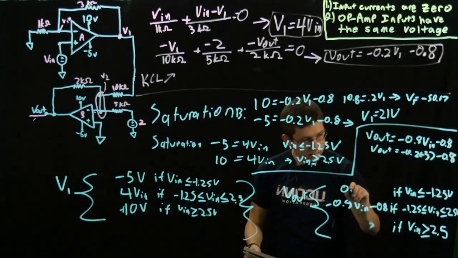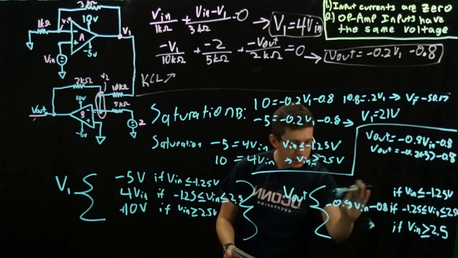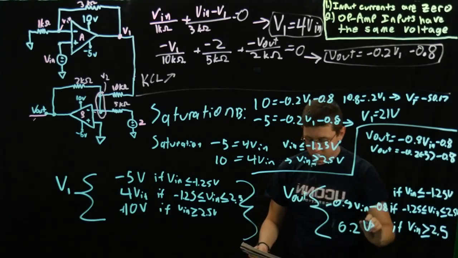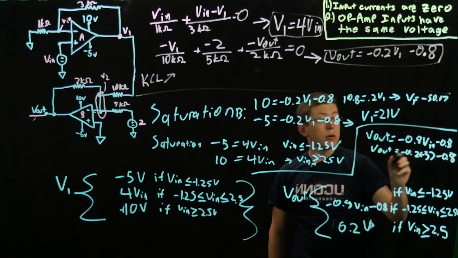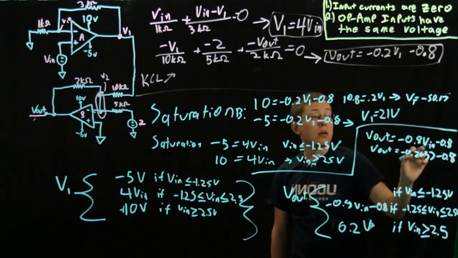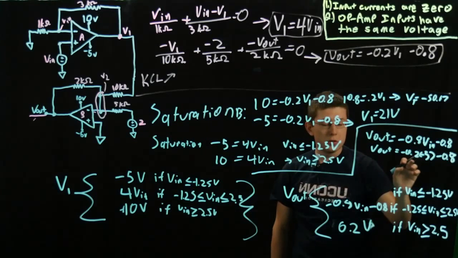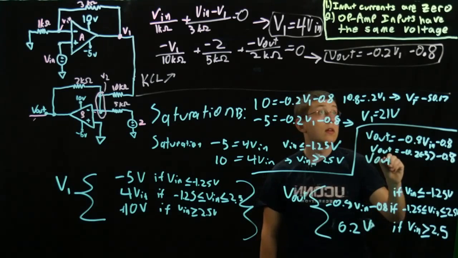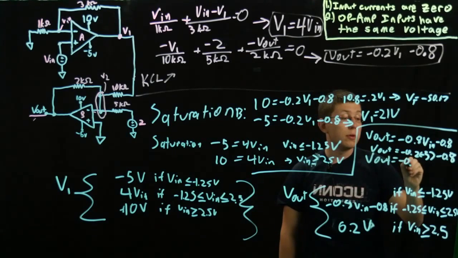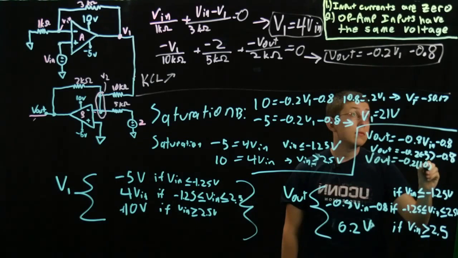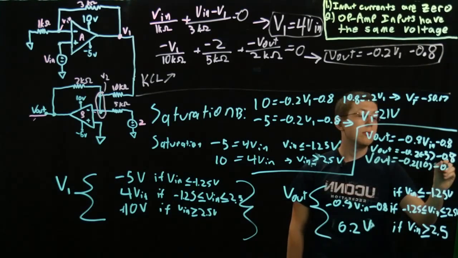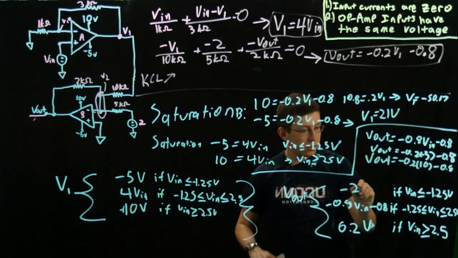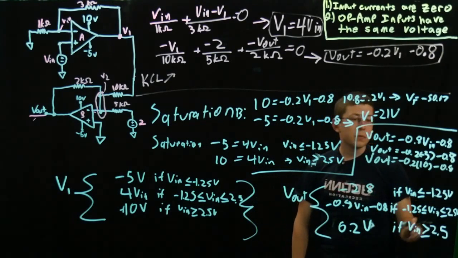Nope, I was right the first time. Sorry, folks. In our last case, we're going to put in if our V1 is equal to 10 volts. So we'll have V out equals negative 0.2 times 10 minus 0.8. And so with our math, this ends up being negative 2.8.